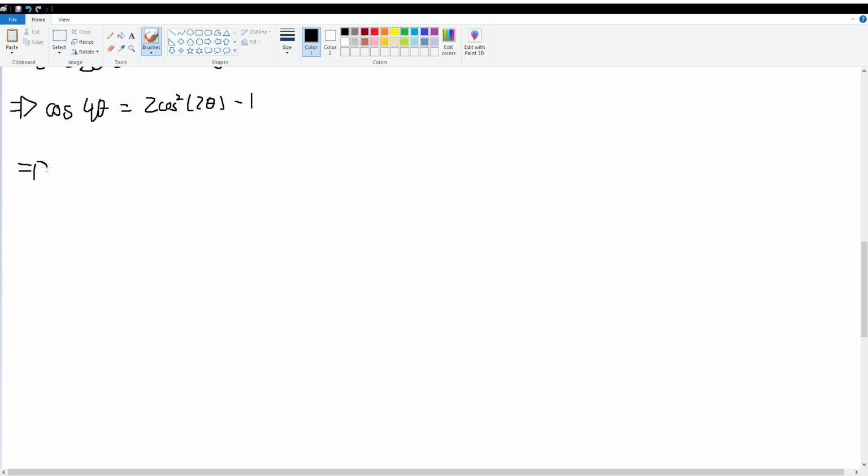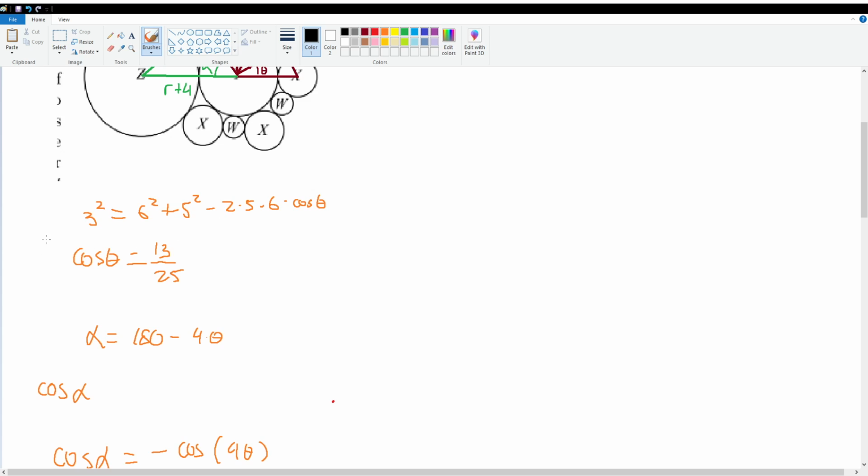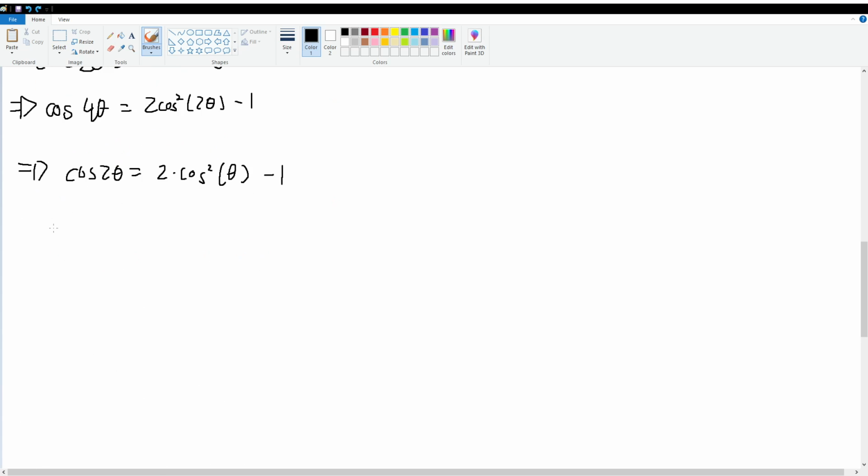And then cosine of 2 theta would equal 2 times cosine squared of theta minus 1. And I could just directly substitute cosine of theta here. I know that cosine of theta would equal 13 over 25, so cosine of 2 theta would equal 2 times 13 over 25 squared minus 1.